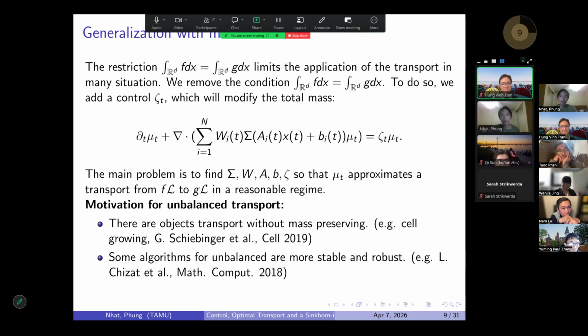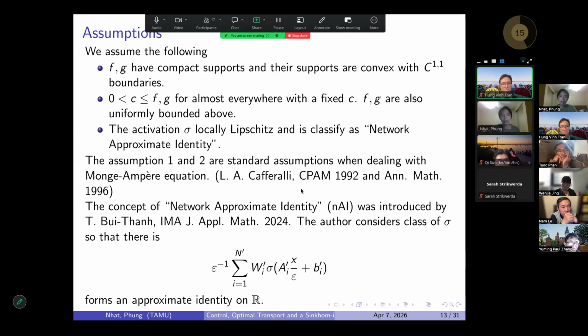In one of the papers in 2024, the author Bhutan classifies a lot of these activation functions, and with the correct activation function, he said that it can be written in this form, so that the activation function can form an approximate identity.